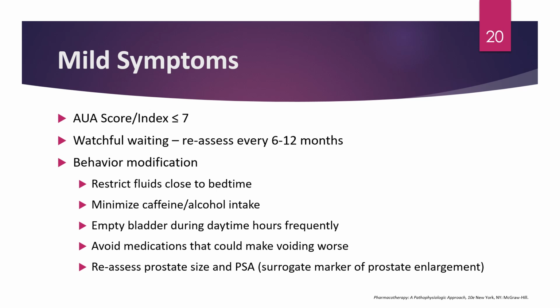And there is an actual role of these agents in BPH as well, as we'll talk about a little bit later. And we also want to reassess prostate size and PSA, which again is a surrogate marker of prostate enlargement, because if the prostate continues to grow bigger, it will continue to obstruct the urethra and essentially prevent proper bladder emptying.